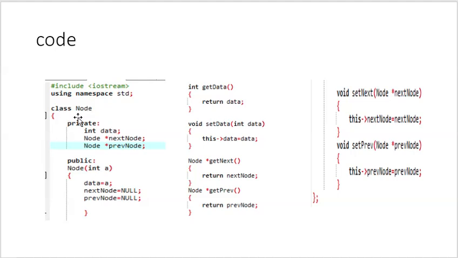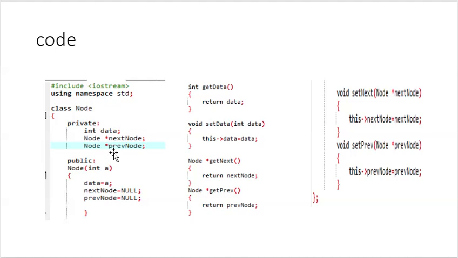Here I have privately declared its members. The node of the doubly linked list includes data, the next pointer and the previous pointer. So I have declared the data, which is an integer, and the pointers, the next node and the previous node. These are the 2 pointers of the node of the doubly linked list.